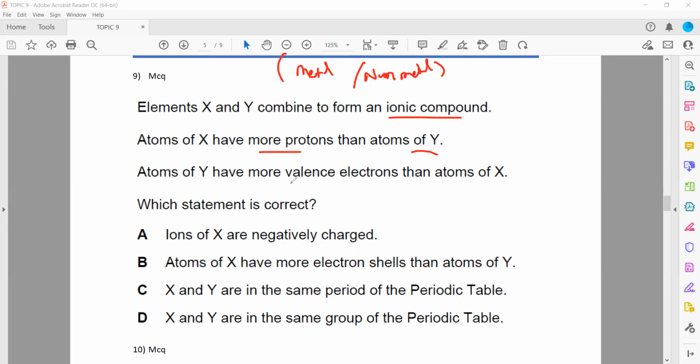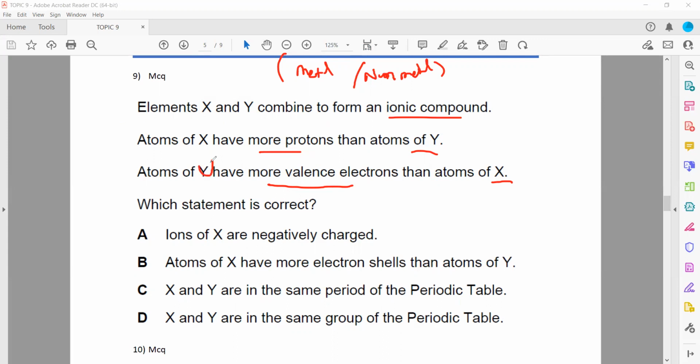But atom Y has more valence shell electrons than atom X. As we move across the period, non-metals will have more electrons in the outer shell than metals.